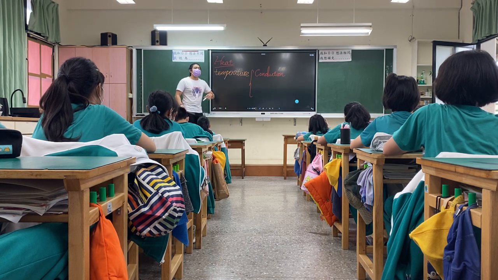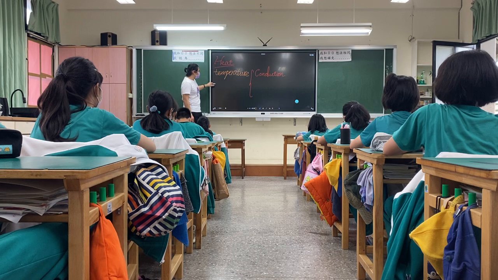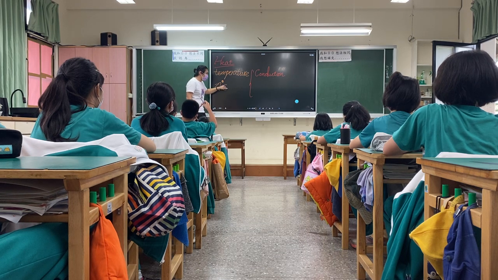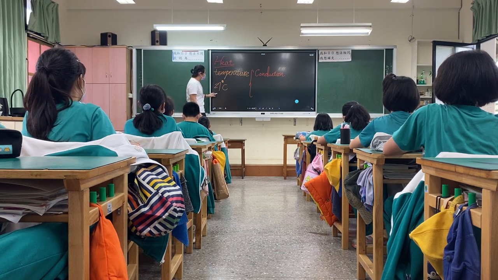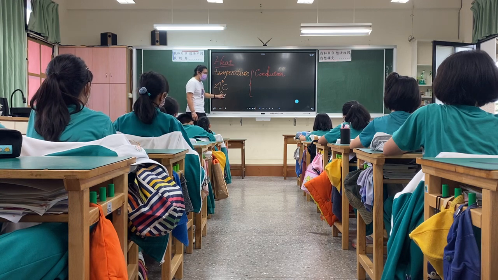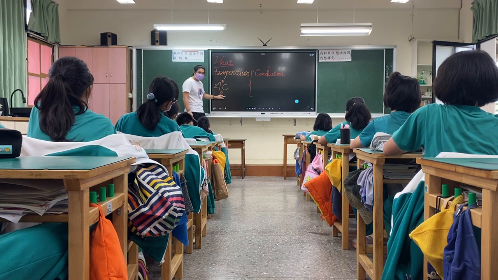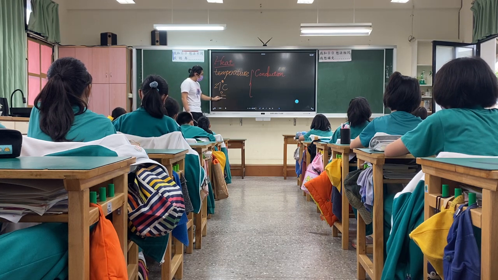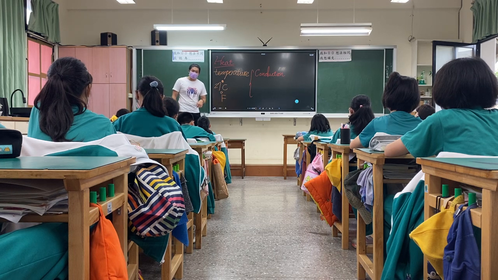Now, let's go back to our temperature. We call it 27, and then how do we call it? There's a little dot, degree, and then Celsius, very good. And there's a degree, and then comes an F, it's called Fahrenheit.